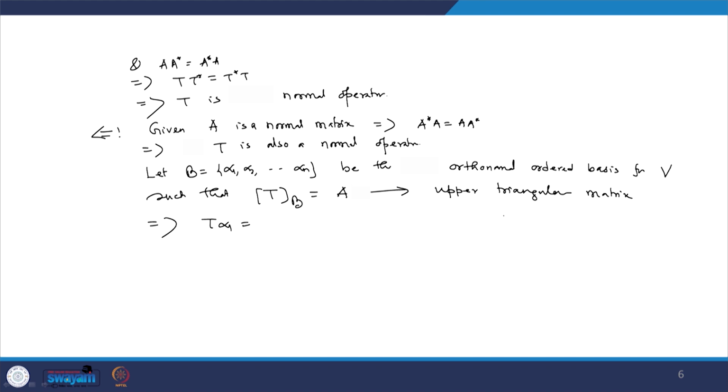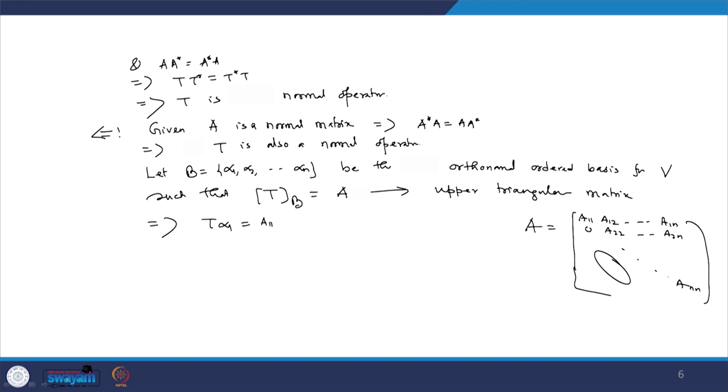Upper triangular matrix means A is of the form A11, A12, ..., A1n, 0, A22, ..., A2n, and so on to Ann. So, this is the structure of the matrix A. Now, T of alpha 1 will be what?